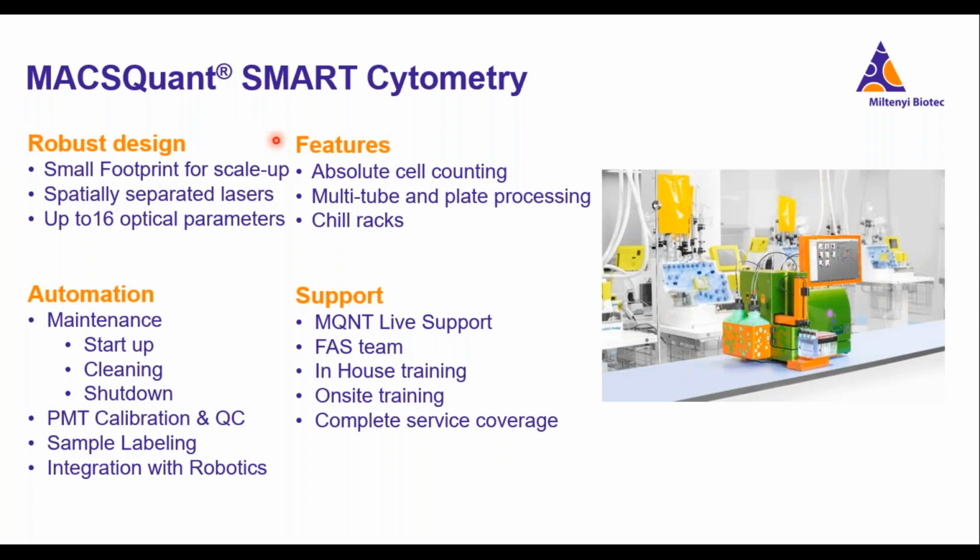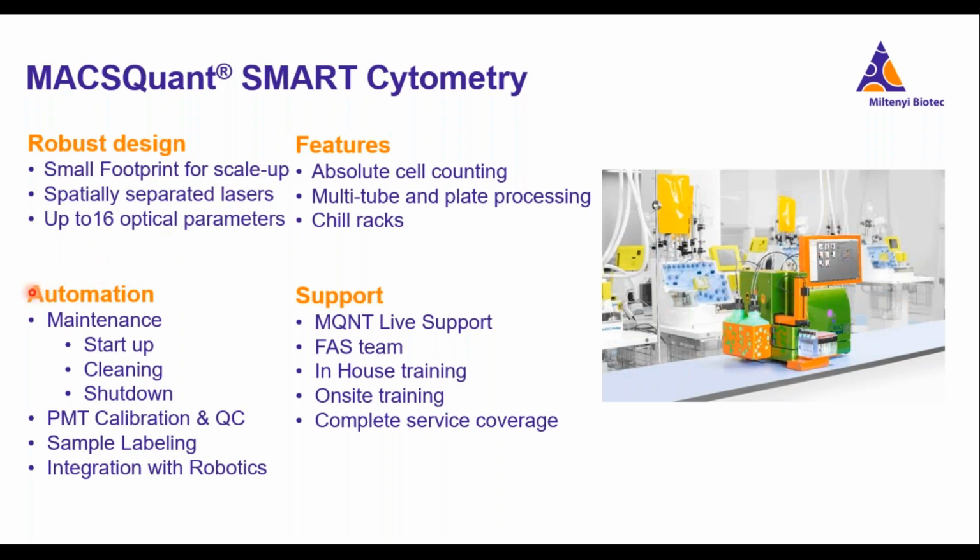Some of the key features that all 4 instruments have are absolute cell counting, the ability to process multiple tubes or plates, and our chill rack technology, which allows you to keep your samples cold without using ice and the complications of bringing ice into the GMP environment.